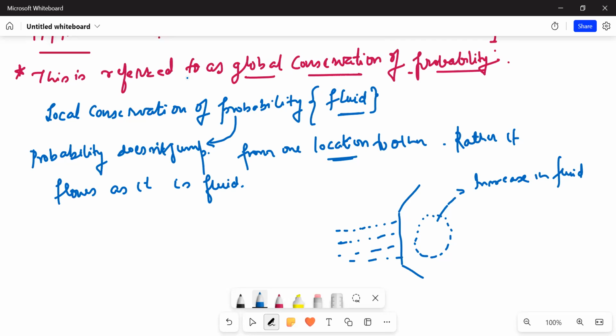This is how probability behaves, and this is what we are going to investigate today.